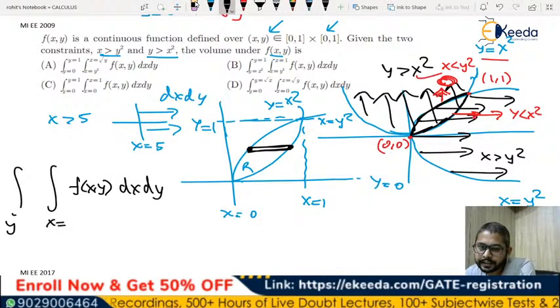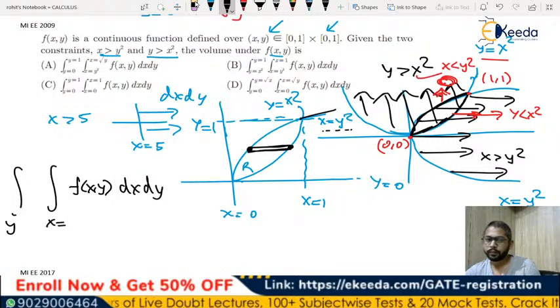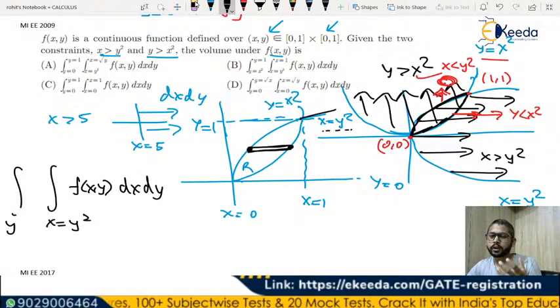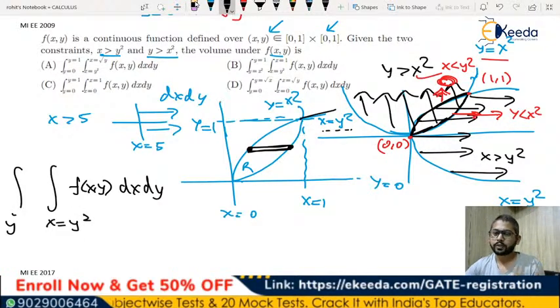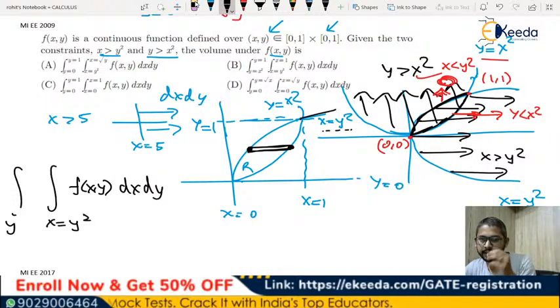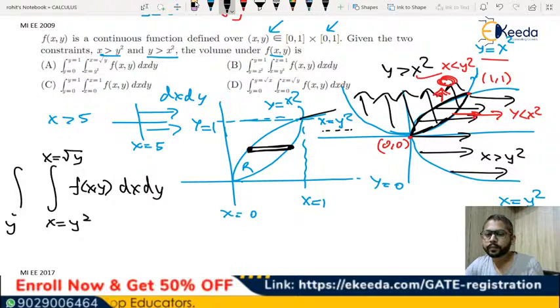This initial point is nothing but x is equal to y square, or you can say the locus of the initial point is x is equal to y square, and the end point lies on this curve, y is equal to x square. So if y is equal to x square, x is equal to root y, right?